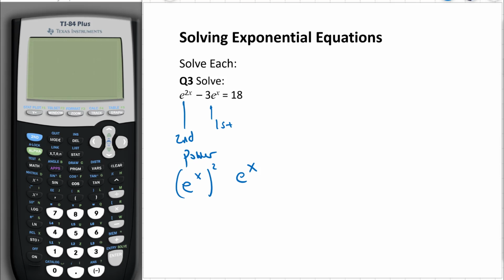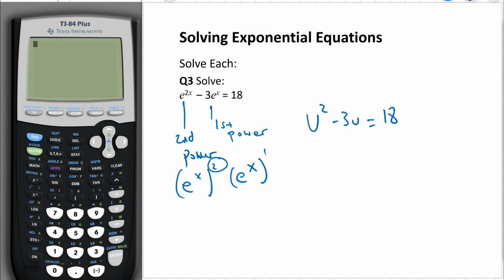So this problem is very similar to a quadratic equation where I have second power and first power. And that takes a little bit of practice and insight starting to make those associations. But one of the things that we're looking for is like a quadratic equation. We might see, I don't want to use x because we already have x's, but what if we had u squared minus 3u equals 18. Now this would be solvable to us because it's just a quadratic equation. We could probably come up with a solution.